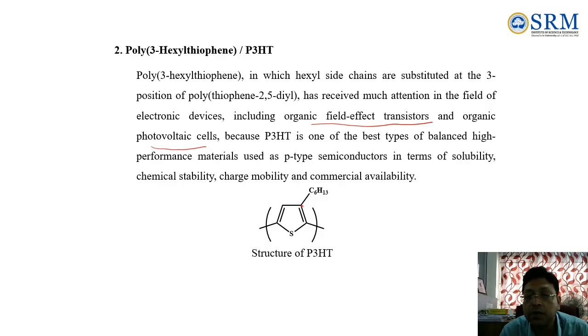And also, because it is treated as a p-type material, it can be blended with any n-type material such as PCBM, and that can be used for organic photovoltaic cells. So this is about P3HT or poly 3-hexylthiophene.